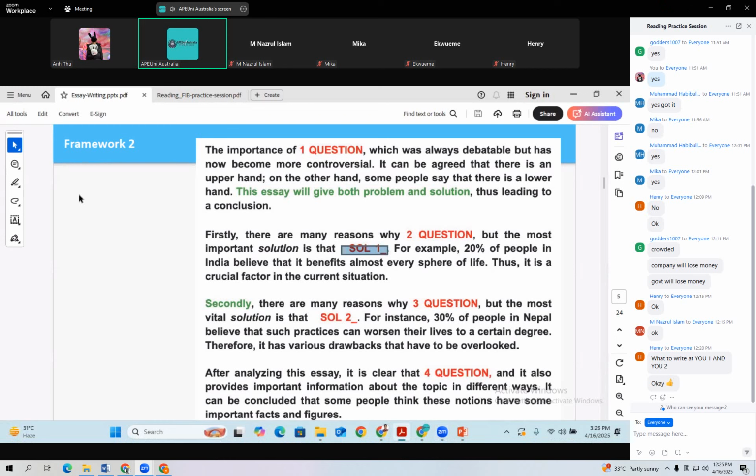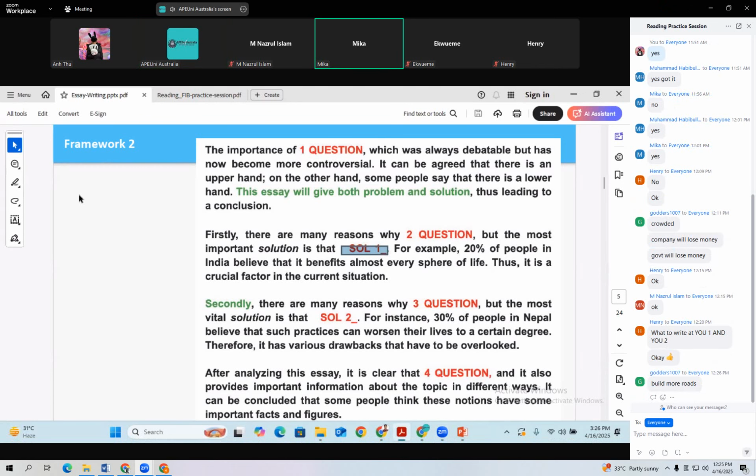So what can reduce the traffic jam? How can you give a solution to this problem? Use public transportation. Okay, Mika said using public transportation. Okay, Anthu, what about you?